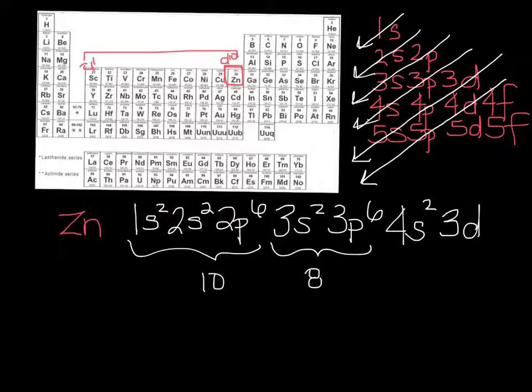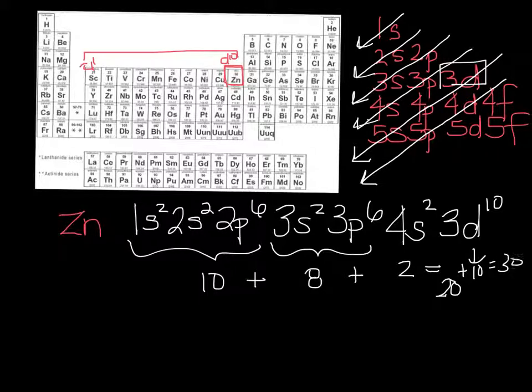After 4s is 3d. And we said we are now up to 10 plus 8 plus 2. We're up to 20 electrons. Zinc we said was number 30. So 10 more electrons. And there's our 30 electrons. And this would be our entire electron configuration for zinc.